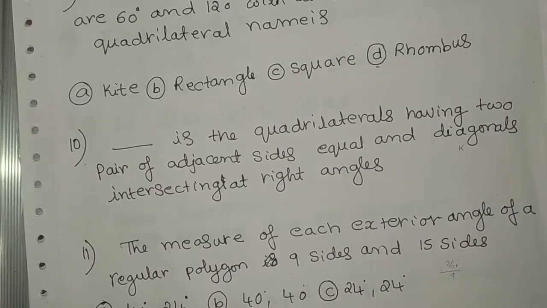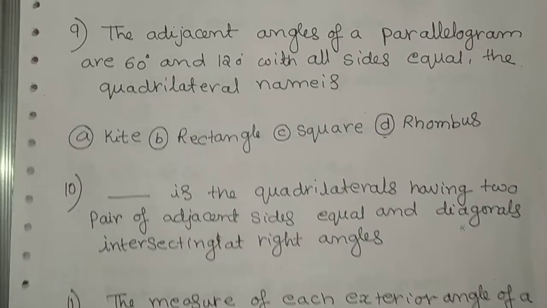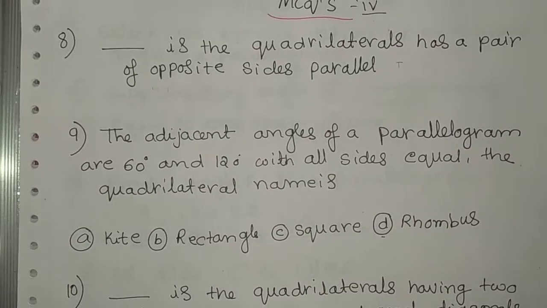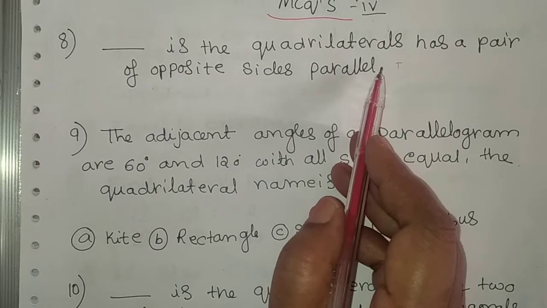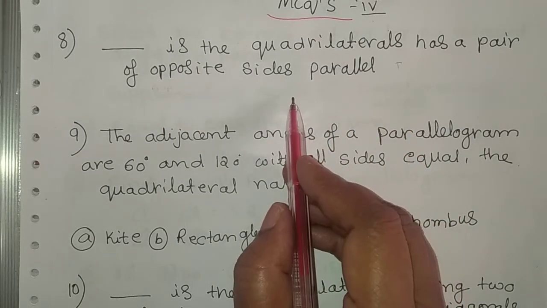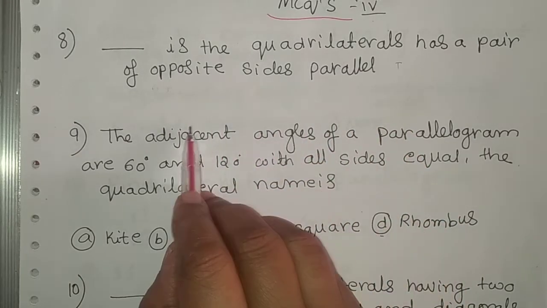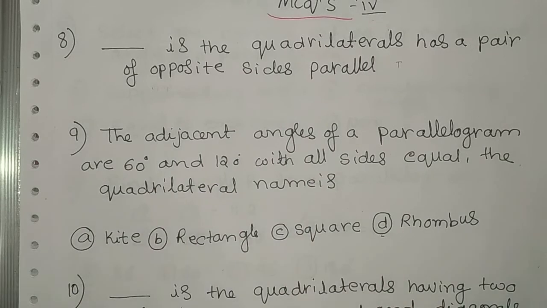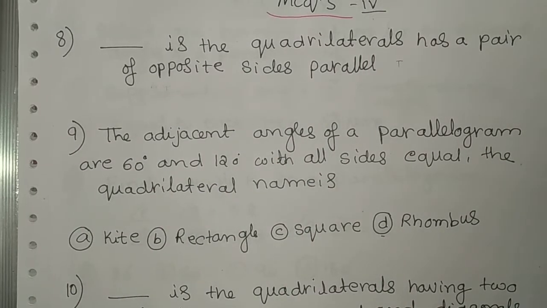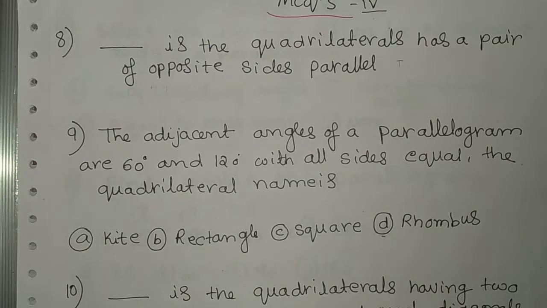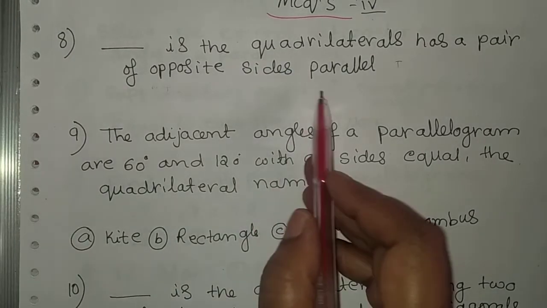So next we move on to the eighth one. The eighth problem given is: dash is a quadrilateral that has a pair of opposite sides parallel.